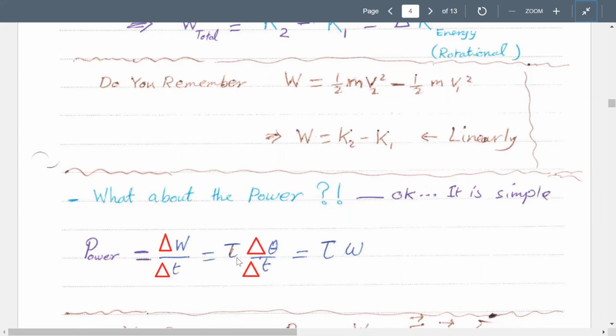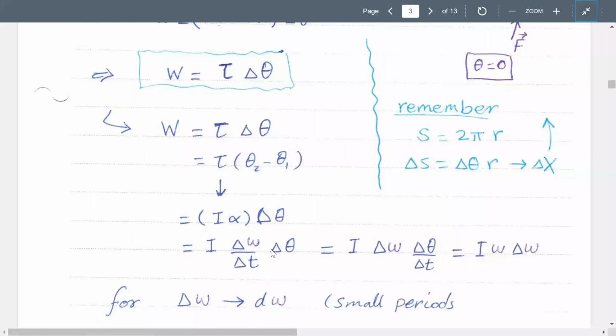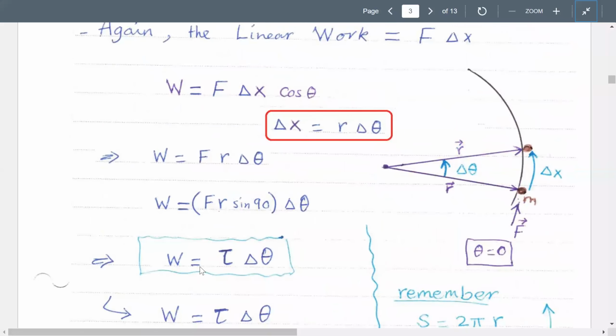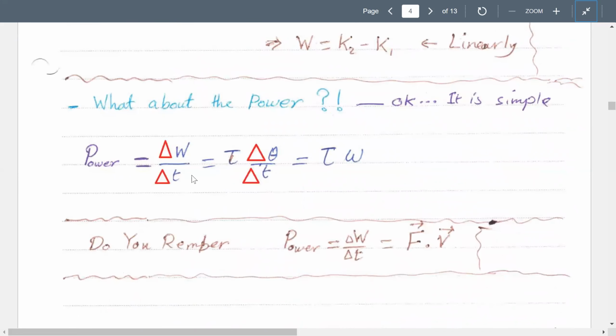This is the work, tau delta theta. Tau delta theta over delta T, it is the torque multiplied by the angular displacement over delta T. Now delta theta over delta T is omega, the angular velocity, just like x over t is equal to the velocity.